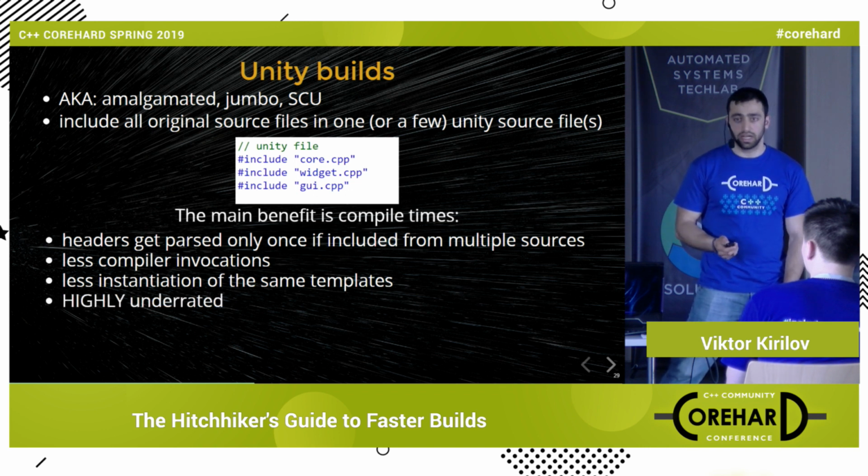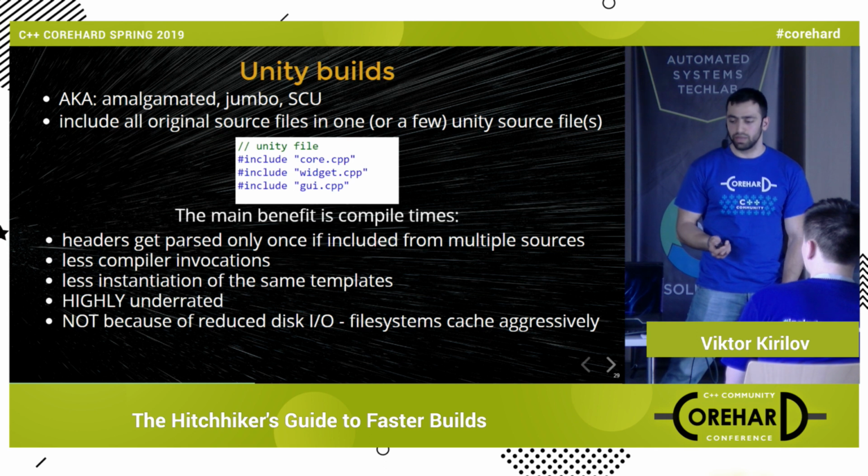So this technique is highly underrated, and the main reason it's so beneficial is not reduced disk I/O, because nowadays file systems are really good at caching, but mainly the parsing, that we parse the headers only once, and because we don't instantiate the same templates over and over again.